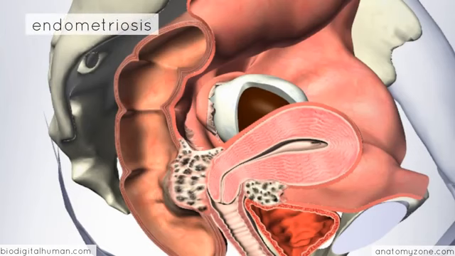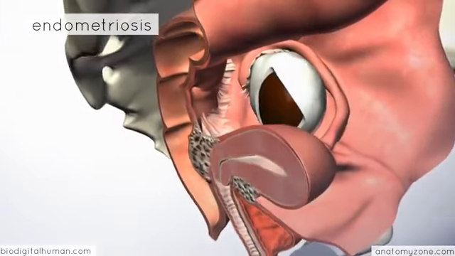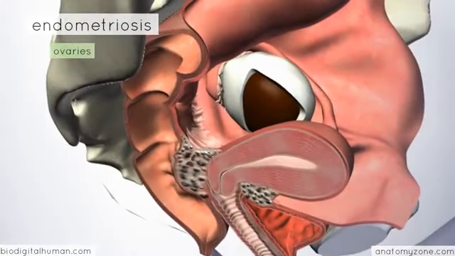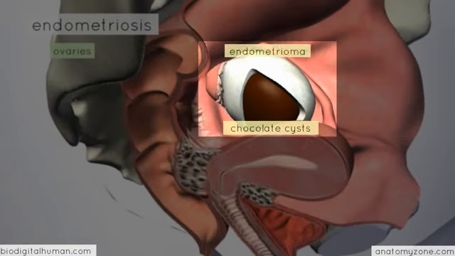So within the pelvic cavity itself, the common sites for endometriosis are the ovaries, which you can see here, and in this model it's actually been dissected away, and you can see this brown coloured stuff. So these are called chocolate cysts, and these are essentially accumulations of blood which appear this dark brown colour. So these chocolate cysts are also known as endometrioma.